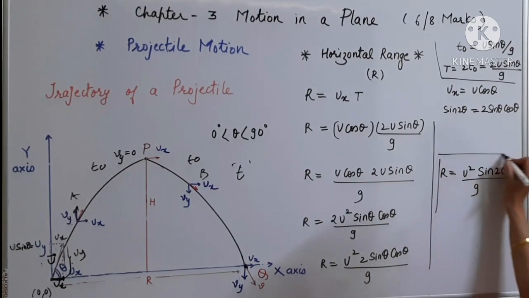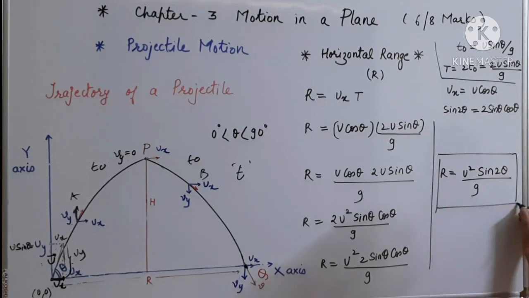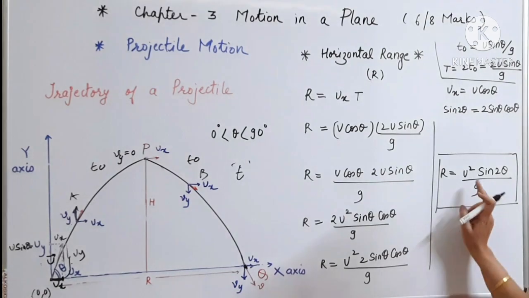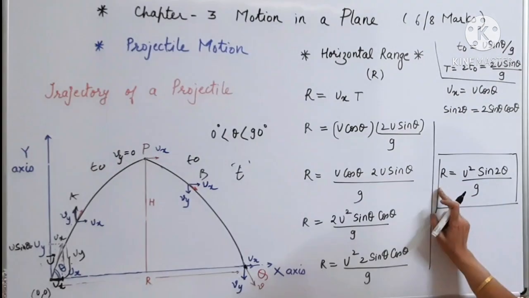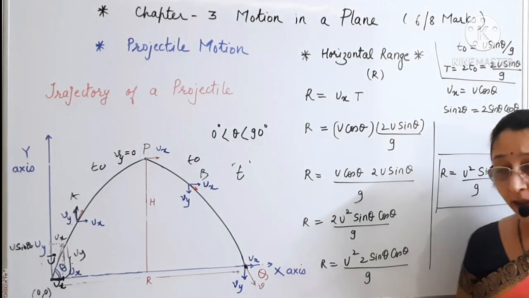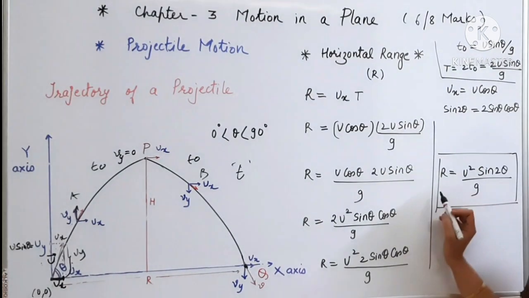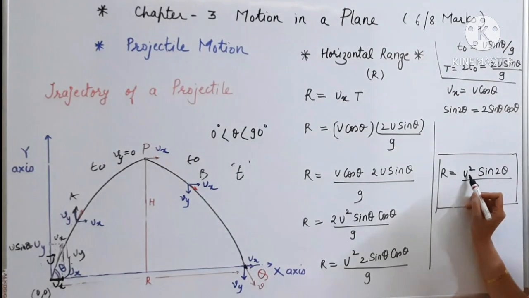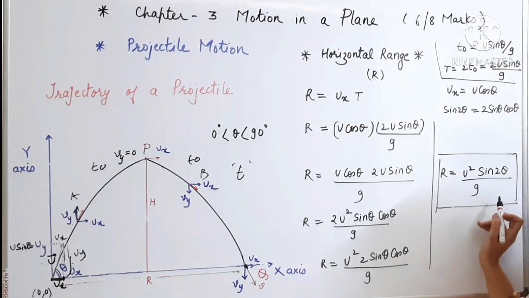So in this way we have found the horizontal range equation, or the formula. R, the horizontal range, is equal to u square sin 2 theta upon g. So we sum up: the horizontal range of the projectile depends upon u, it depends upon theta, it depends upon g.